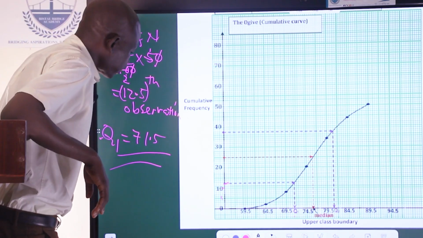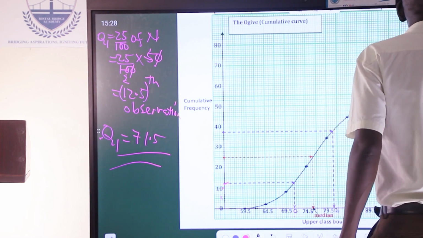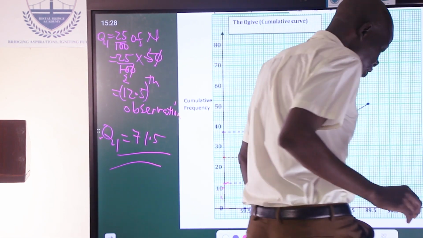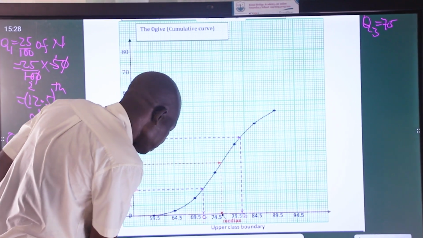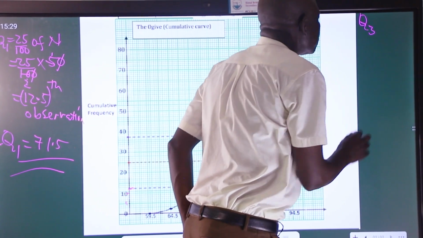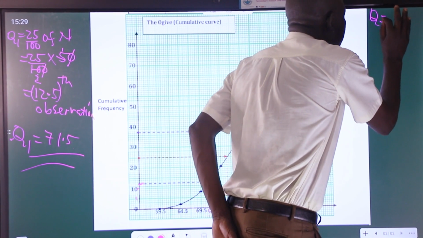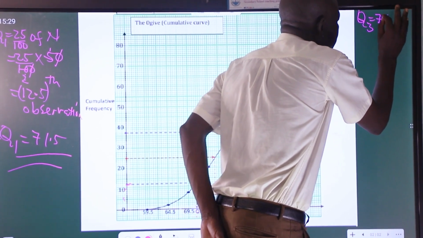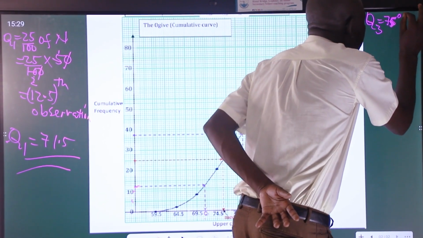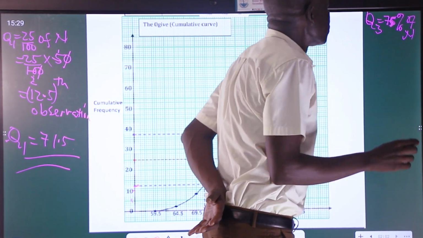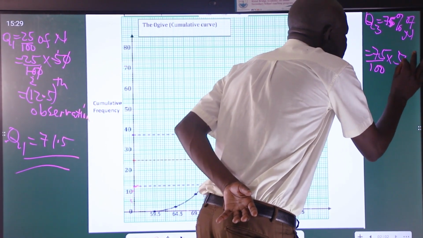That is Q3 is equal to 75%, which is 75% of N, the same as 75 out of 100 times N, where N is 50.